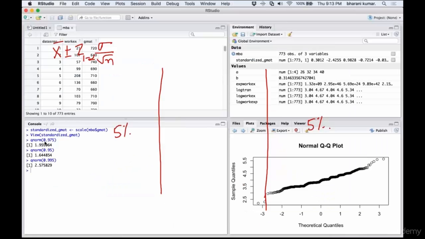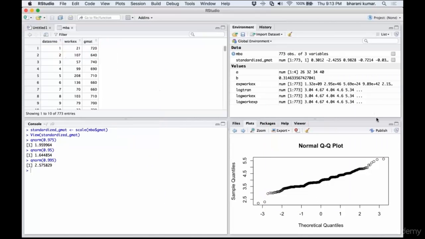So if it is 0.975 here, you get 1.96, right? Now, if I do qnorm of 0.025, I would get what? Minus 1.96.